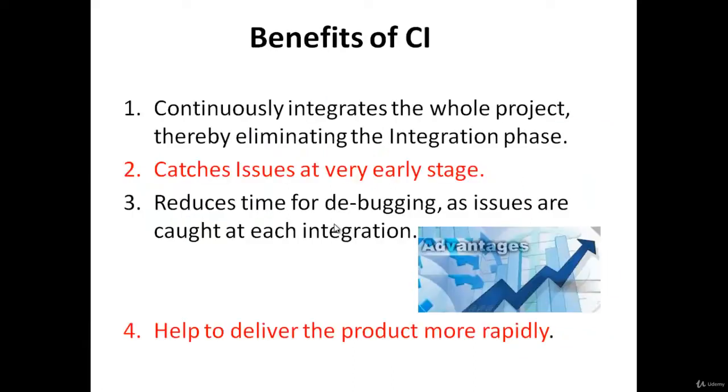The benefit of using a continuous integration system is that it continuously integrates the whole project, thereby eliminating the integration phase. So we need not wait for the entire build to be integrated and then test it. The issues are caught at a very early stage, and the developer comes to know whether the build is stable or not.